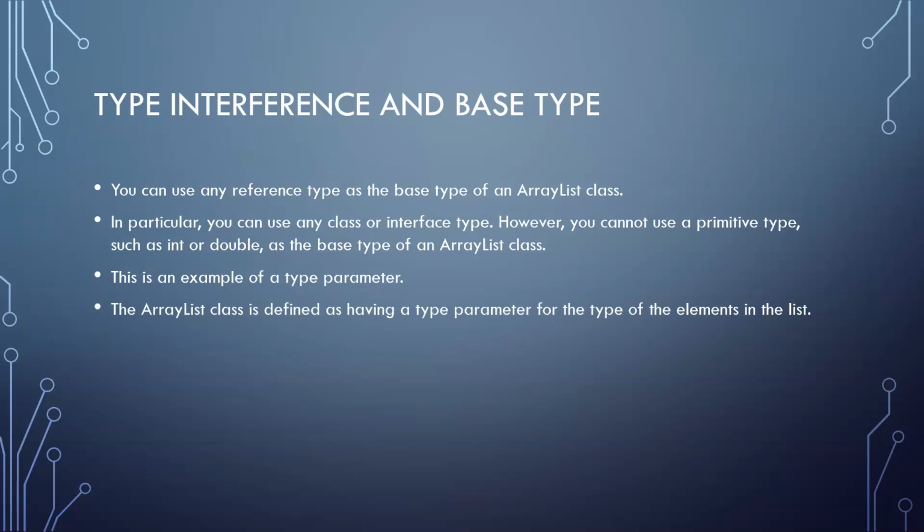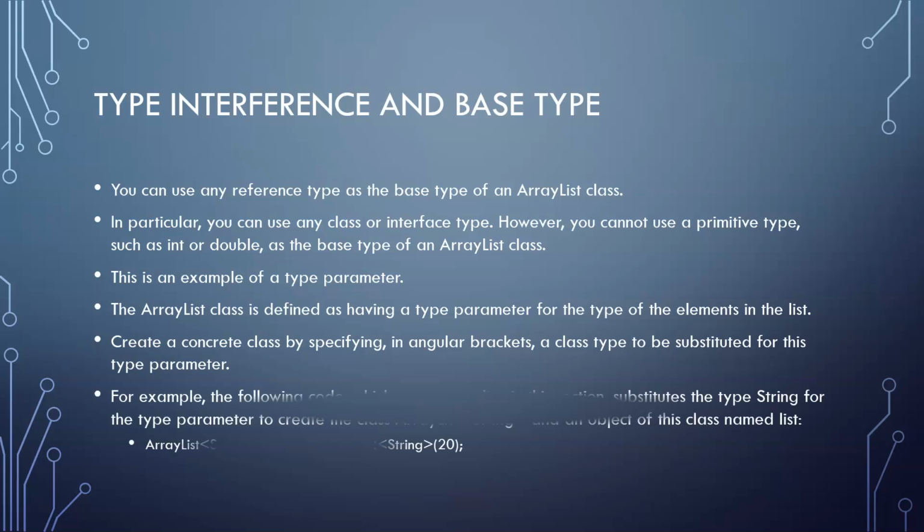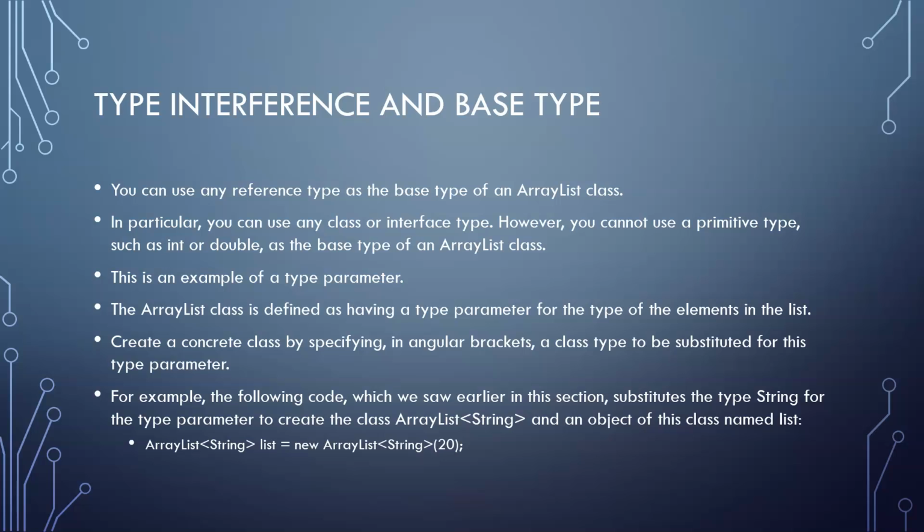This is an example, of course, of a type parameter. The ArrayList class is defined as having a type parameter for the type of the elements in the list. And we can create a concrete class by specifying in angle brackets a class type to be substituted for this type parameter. So, for example, String. If we look at the following code, which you saw earlier, we substitute the type String for the type parameter to create the class ArrayList<String> and an object of the class named list.